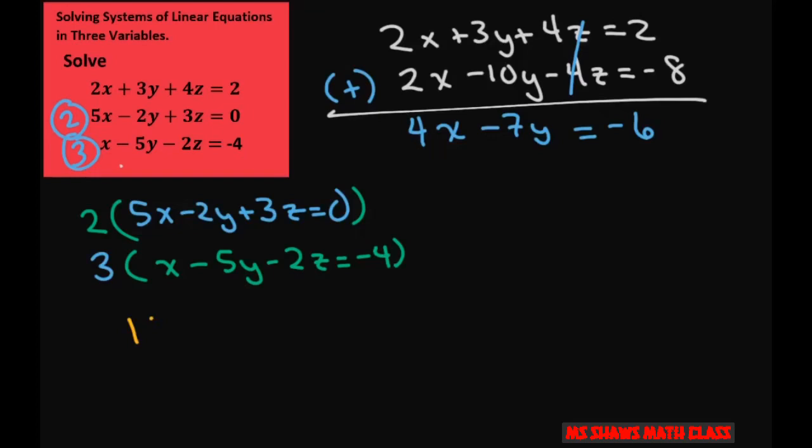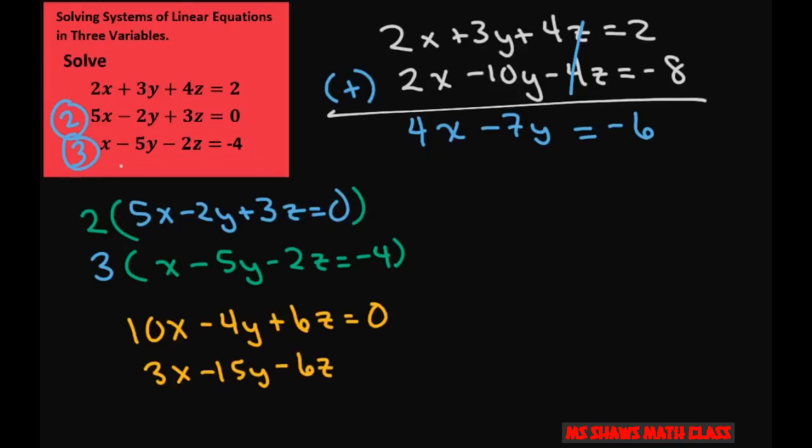So we get 10x minus 4y plus 6z equals 0, and 3x minus 15y minus 6z equals negative 12. So that does eliminate my z's. And then we're adding.